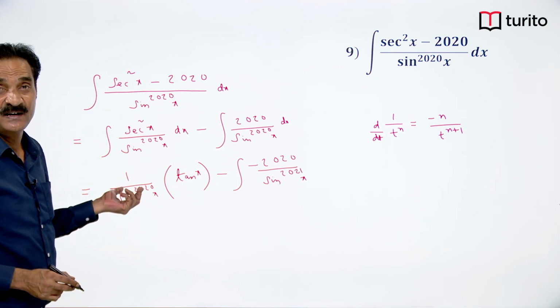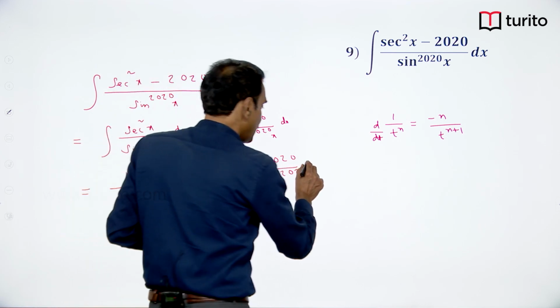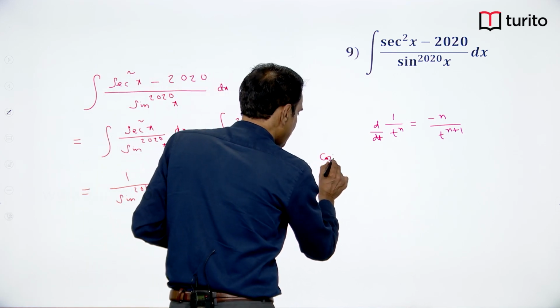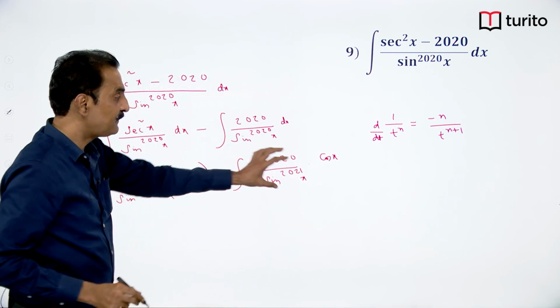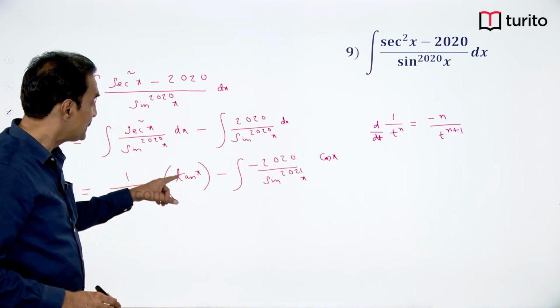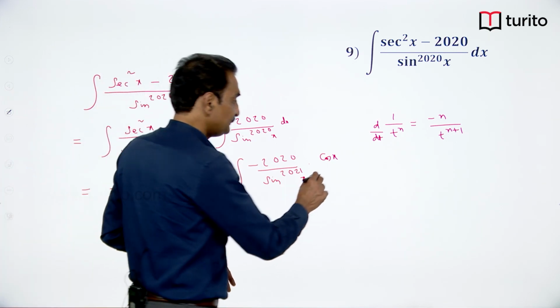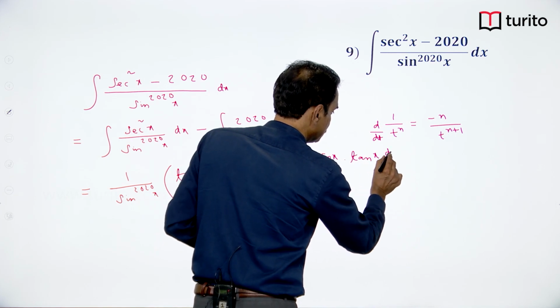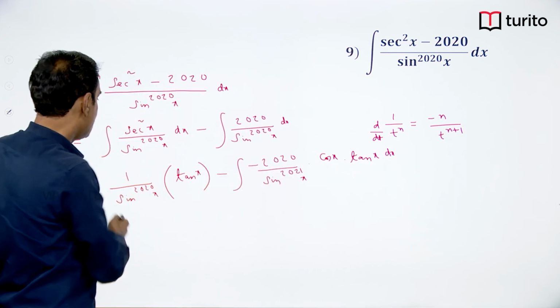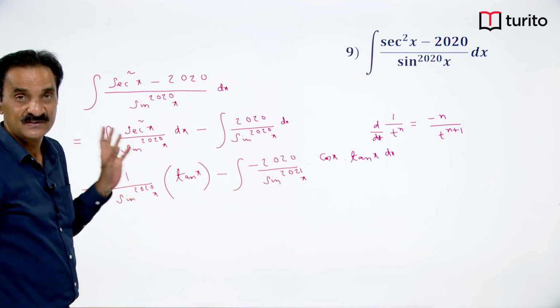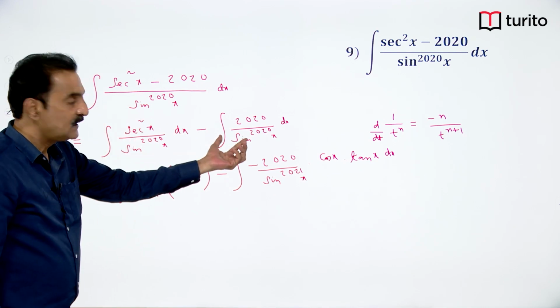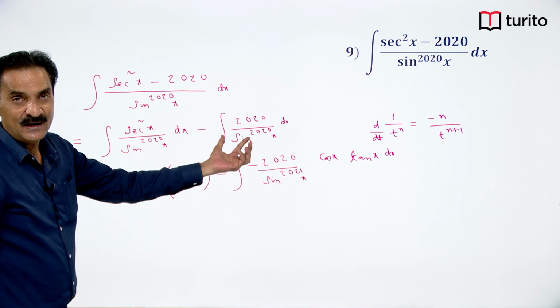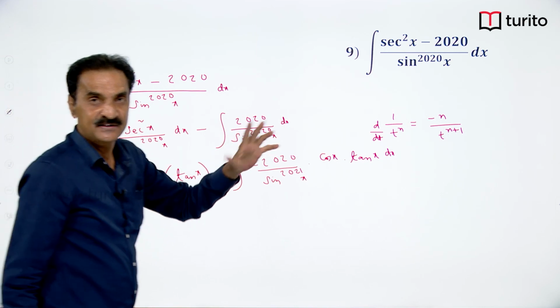What is the derivative of sin x? Cos x. So, into cos x. This is the derivative of first function into integral of second function, tan x. So, this is the integral of this first term, and as I told you, no need to calculate the second one, write it as it is.